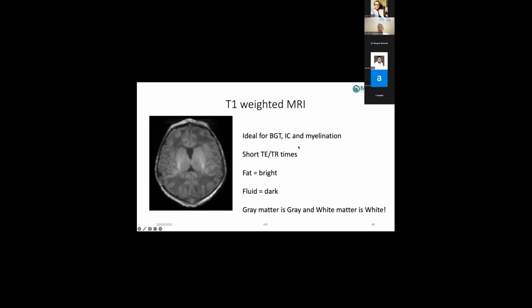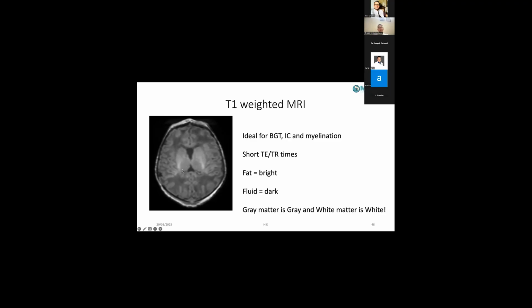So T1 is ideal for the basal ganglia, the thalamic areas, the internal capsule, and the myelination. All these are best depicted in T1 images, and you can see this bright white line bilaterally adjacent to the grayish area.